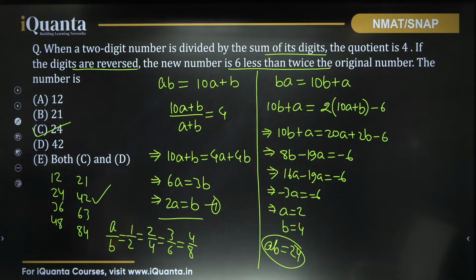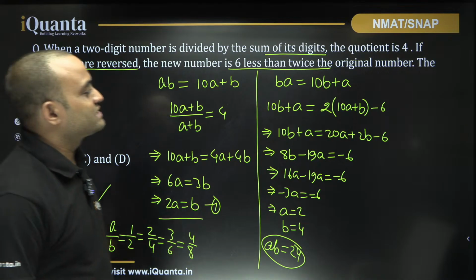Quotient is 4. They did not mention the remainder is 0. If the digits are reversed, the new number is 6 less than twice the original number.